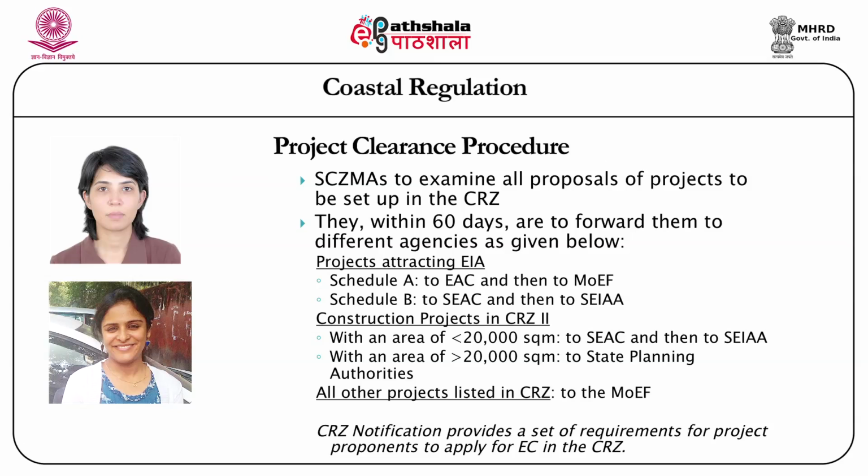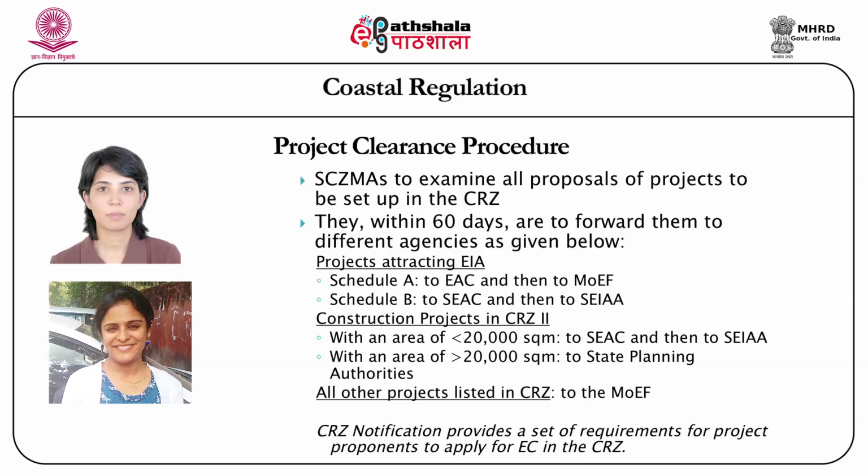All other projects listed in the CRZ notification are forwarded to the MOEF. CRZ notification also stipulated that the proponent, while applying for environment clearance under the CRZ, should submit the application with certain documents such as Environment Impact Assessment Report, Disaster and Risk Management Report, and CRZ map.